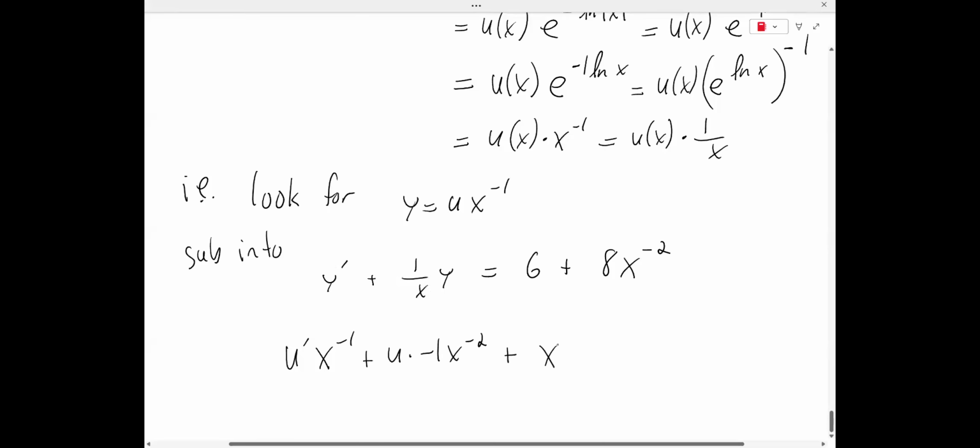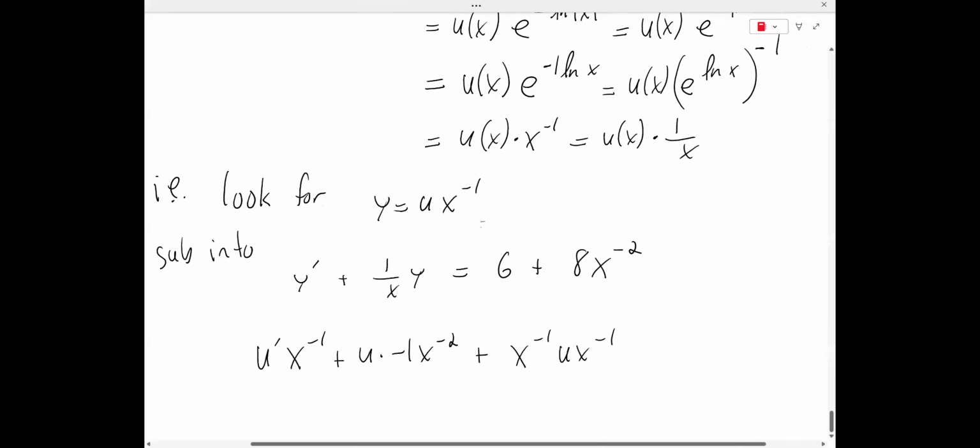Now what's the y? The y is u x to the negative first, like that. Then equals the stuff on the right, 6 plus 8x to the negative second. Anything there so far?